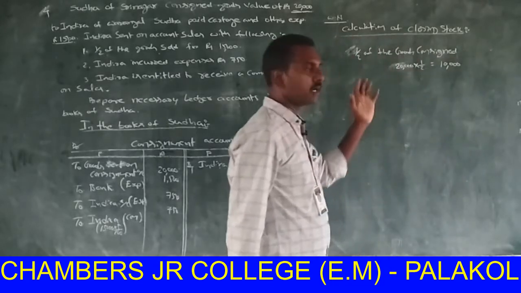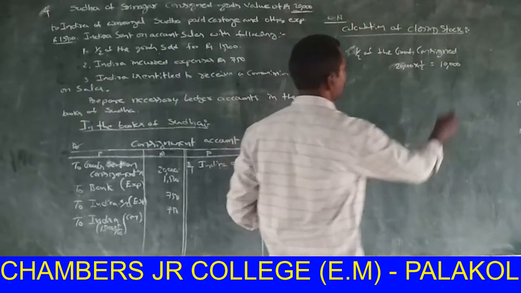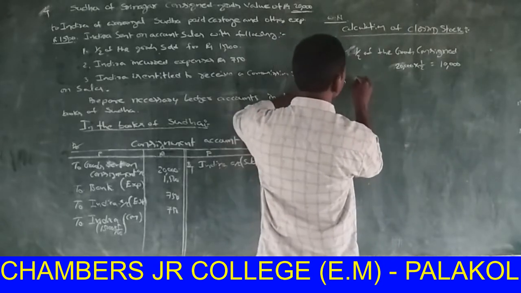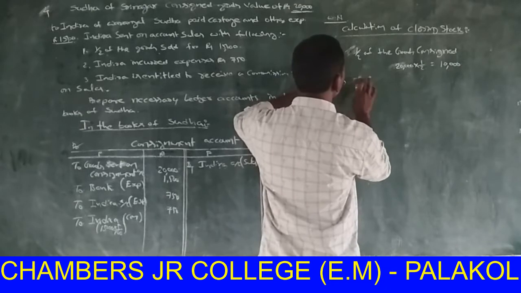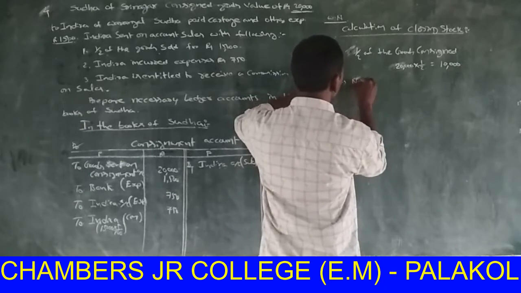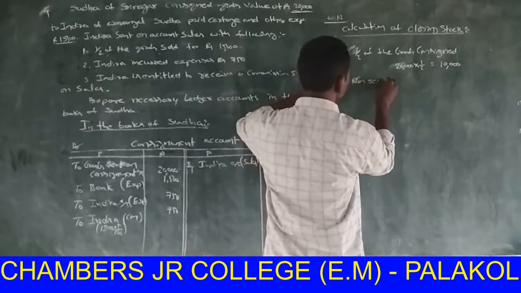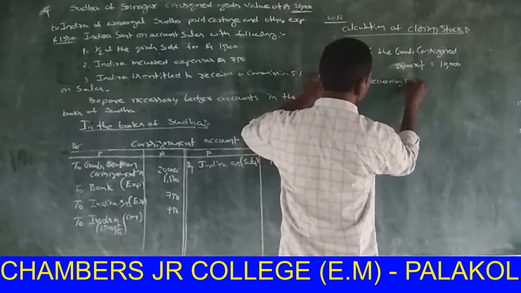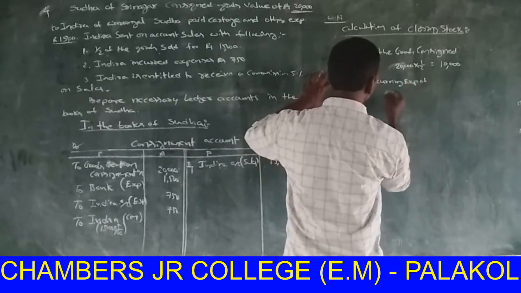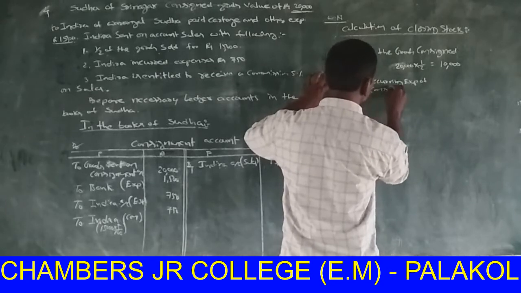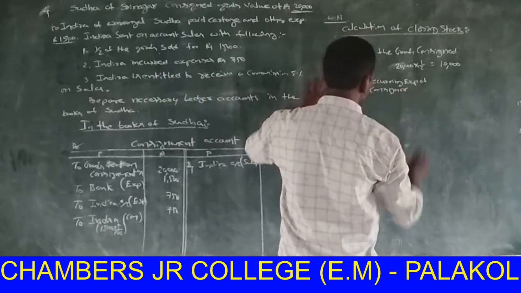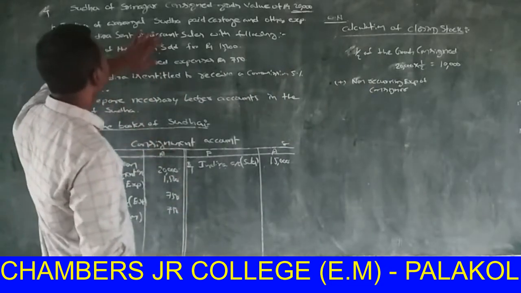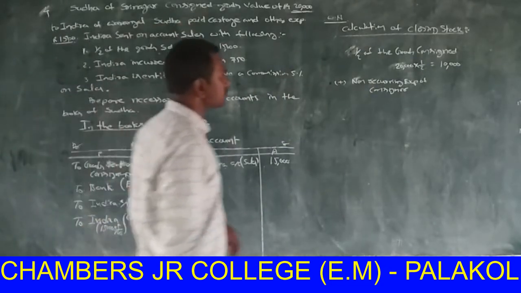The cost of the remaining unsold stock is 10,000, and non-recurring expenses of the consignor. Here, Sudha paid cartage and other expenses.